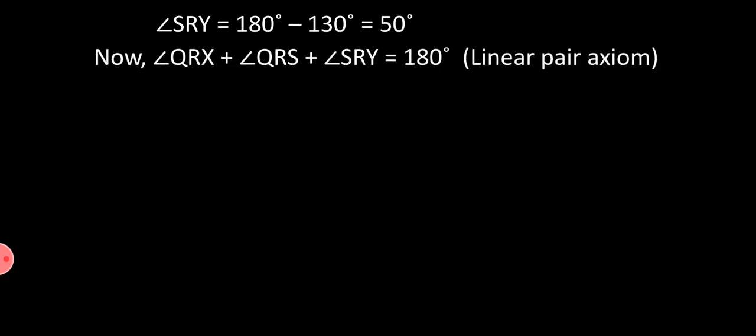Further, we can also see in the figure that angle QRX plus angle QRS plus angle SRY equal to 180 degree. According to linear pair axiom, these three angles make a linear pair. That's why they are 180 degree.